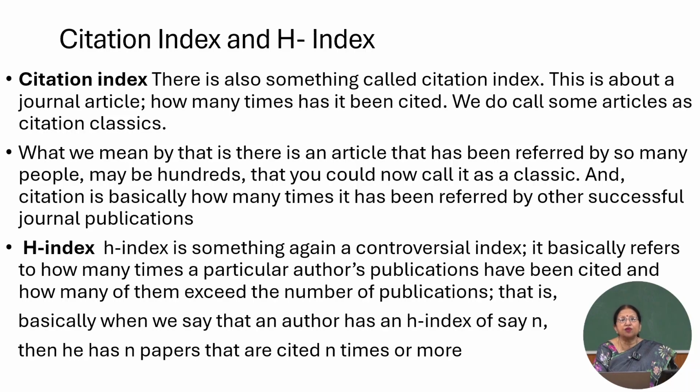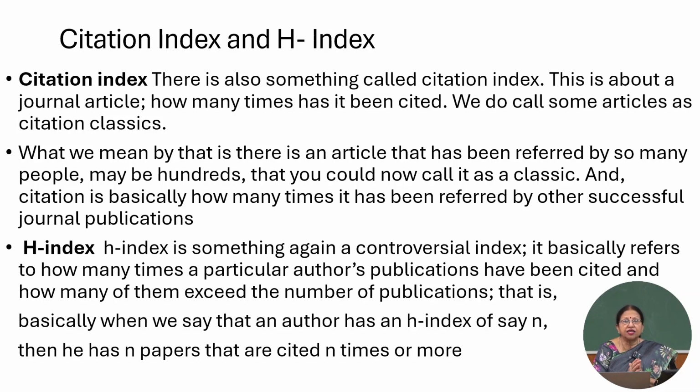Now let us understand what the H index is. The H index is, again, a controversial index. It basically refers to how many times a particular author's publications have been cited, and how many of them exceed the number of publications. When we say that an author has an H index of, say, N, then he has N papers that are cited N times or more.